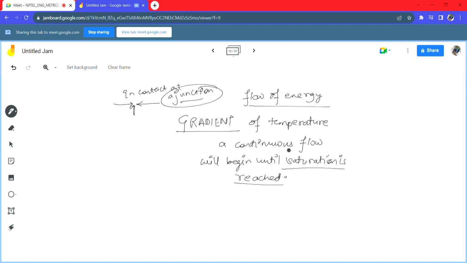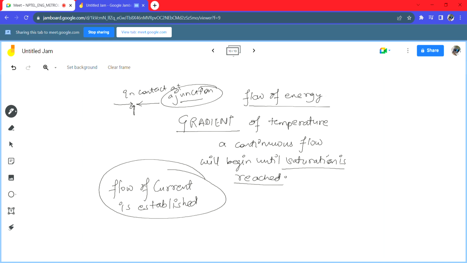Now when this flow of energy or flow of particles happens, there is a flow of current that is established. This is very important to understand here, that with this flow of particles, this flow of current is established, and this happens in accordance with the Seebeck effect.